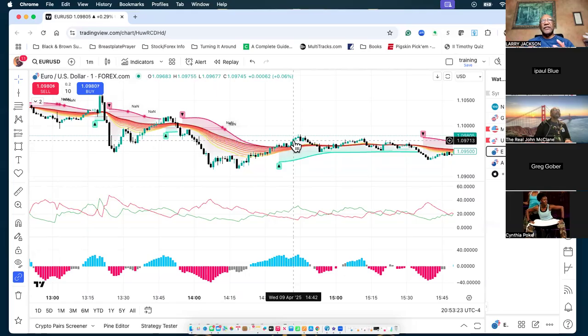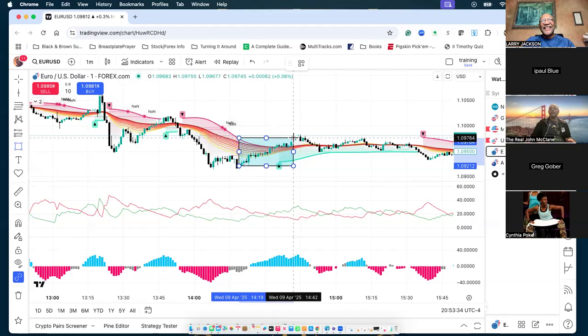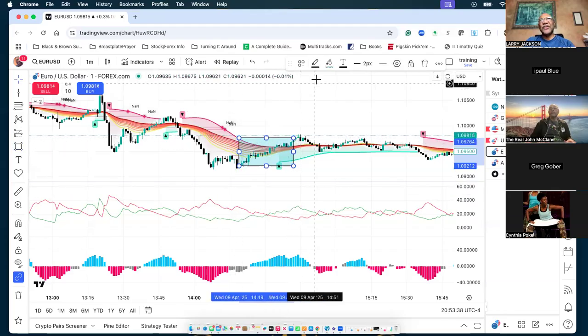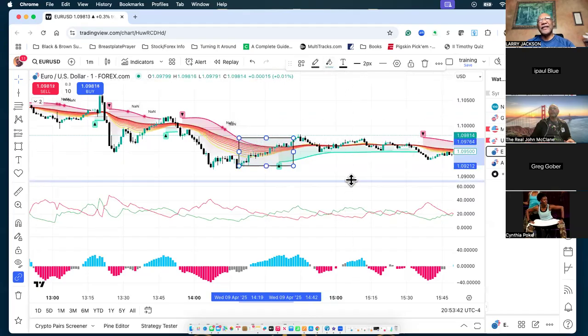So this is what will get many of us a lot of times with this kind of stuff right here. Notice all of this, all the way, boom, all of that. We'll look at it and go, man, I missed that trade. God, I missed that. Look at all that move right there.